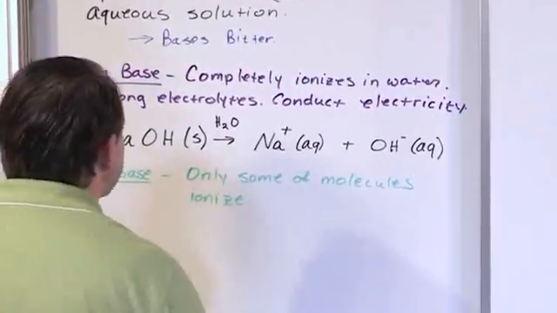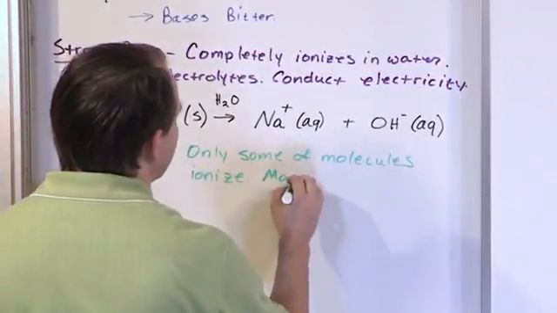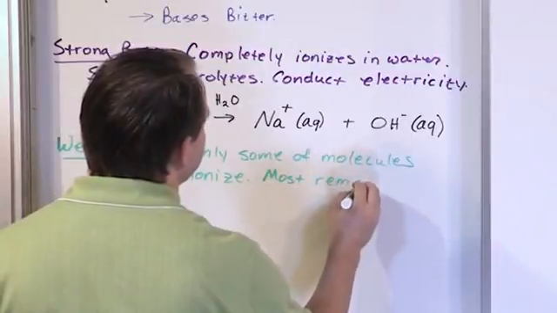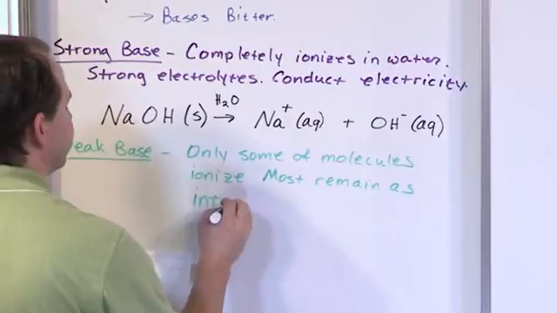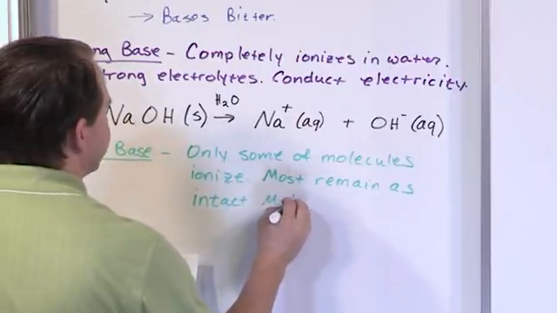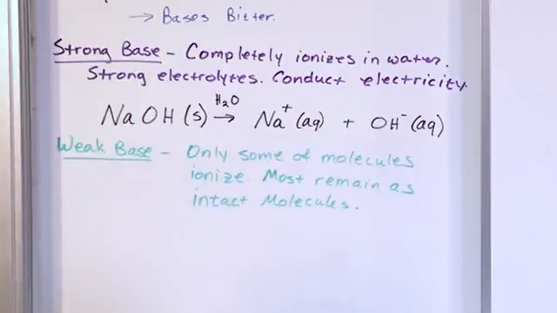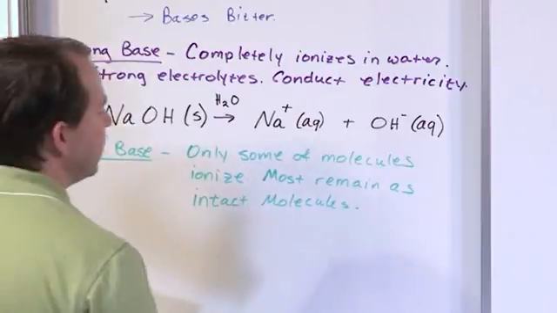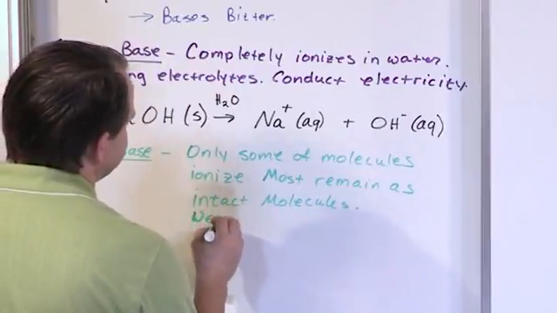So you're not getting full ionization. Because of that, most of these remain as intact molecules. And because we don't have full ionization, it doesn't conduct electricity very well, so we call it a weak electrolyte.